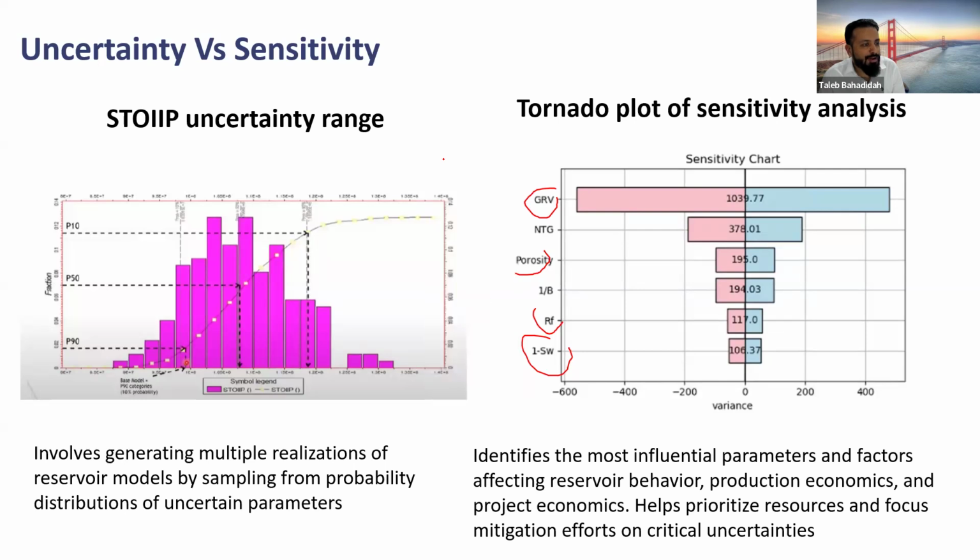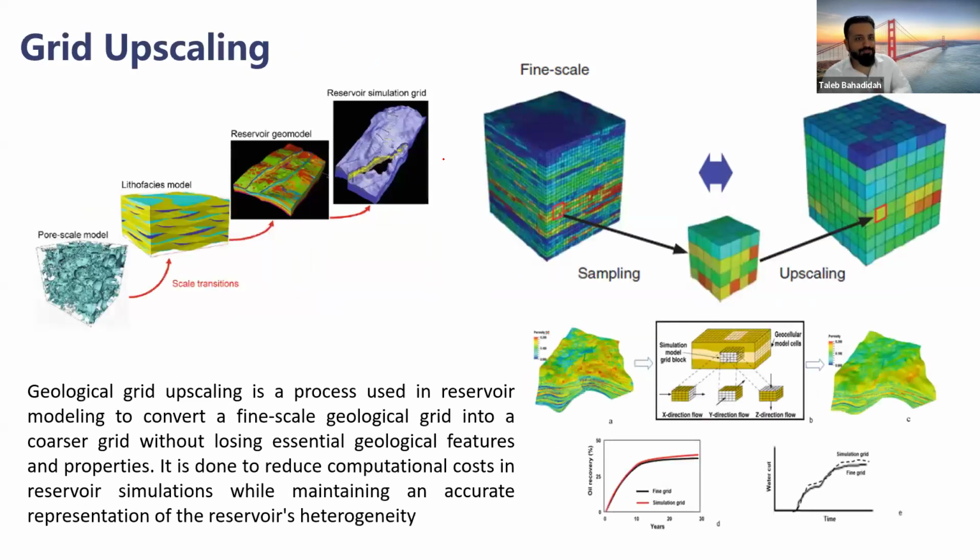And finally, the final step here, we have the grid upscaling. This is the final step you are doing in the static model. As you can see here in the static model, we have fine scale, and we are upscaling it for simulation purposes.